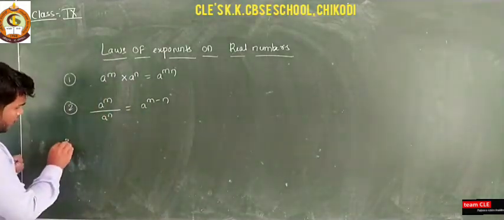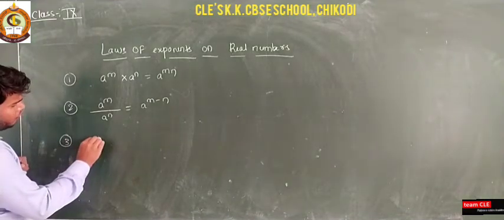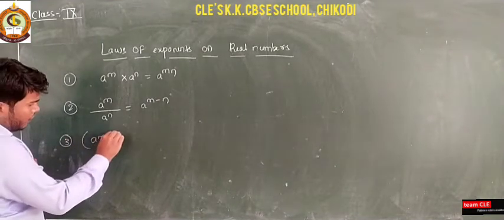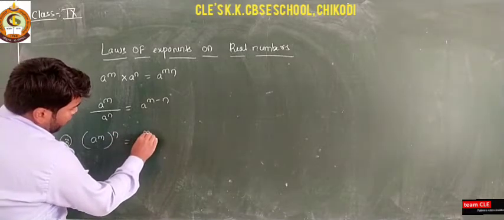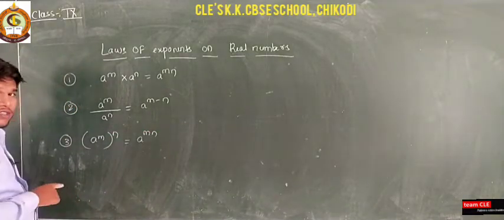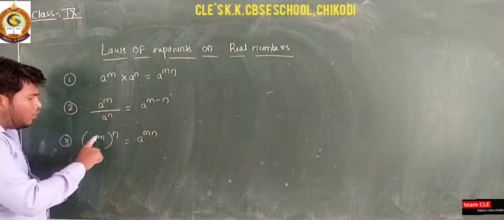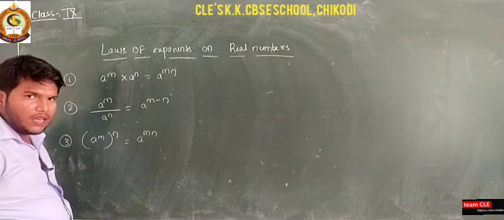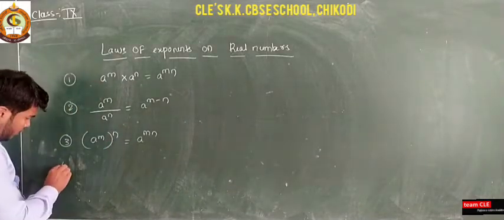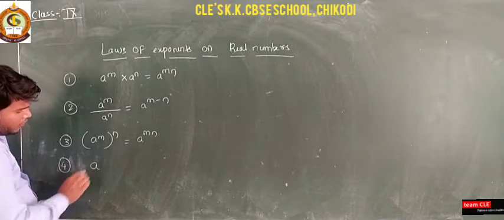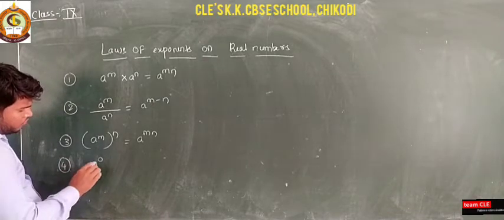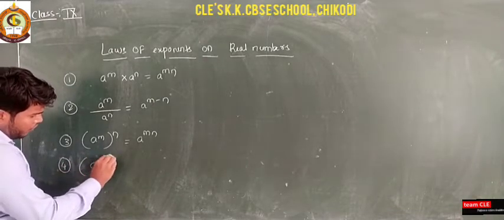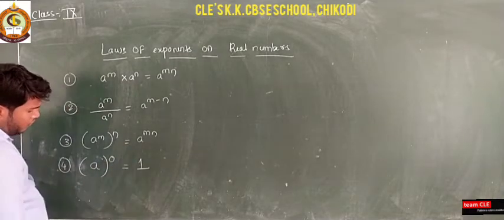The third law is a raised to m whole raised to n is equal to a raised to mn. The fourth one is a raised to 0, which is always equal to 1.